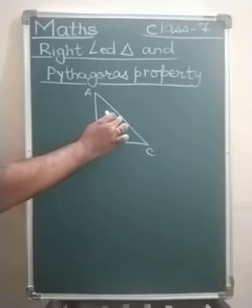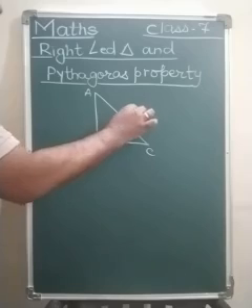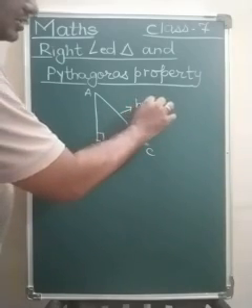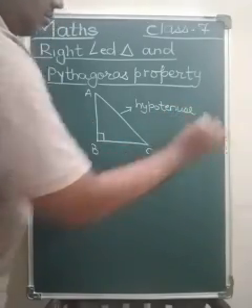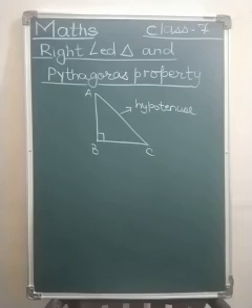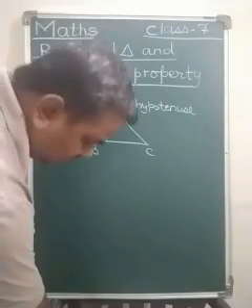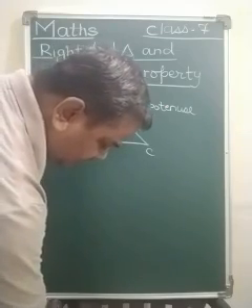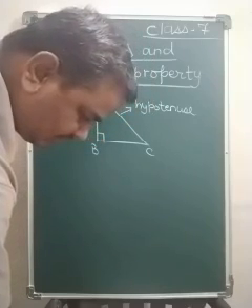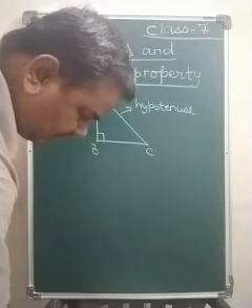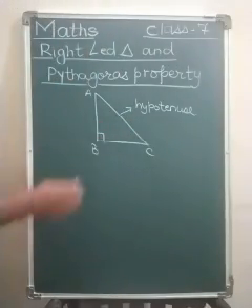The side opposite to this 90-degree angle, this side, it is called as hypotenuse. The spelling may be wrong, but if you check in your textbook, it would be corrected. Okay, so this is called as hypotenuse.